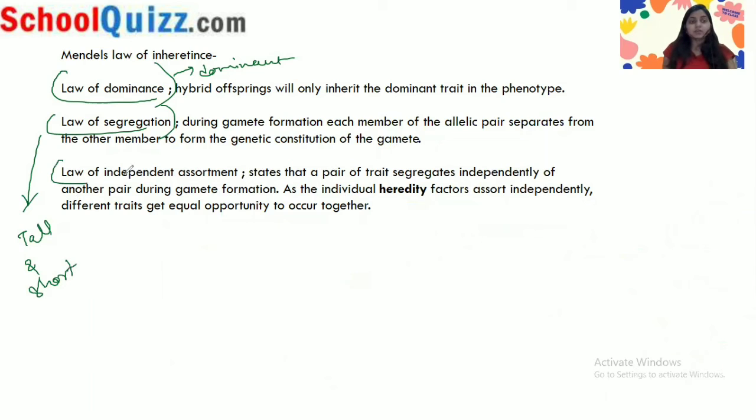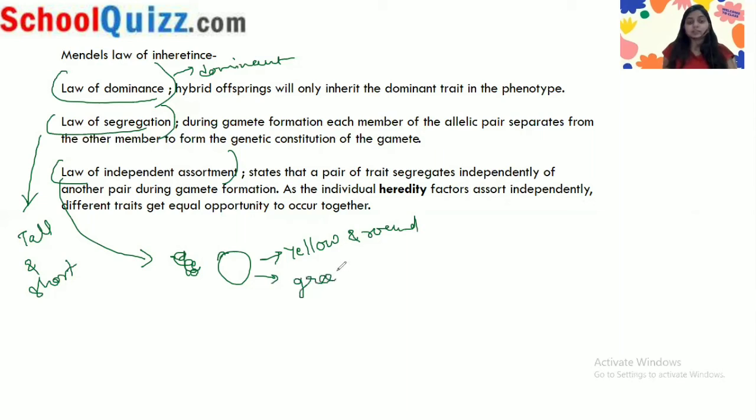And for the law of independent assortment, just remember the example of the seed, which is yellow and round, and the second, which is green and wrinkled.